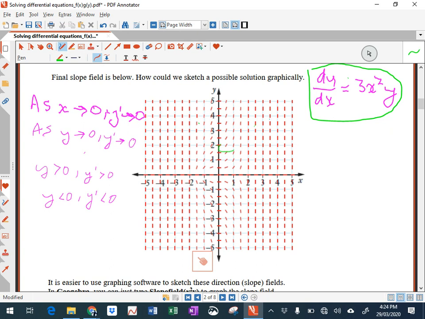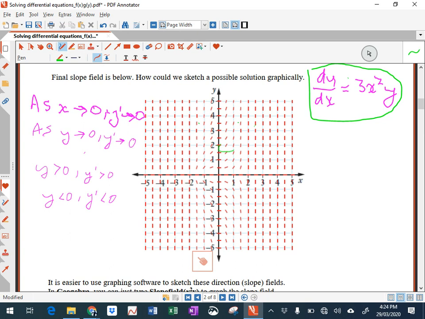And if y approaches 0, the same thing, dy dx approaches 0. The other thing to consider is if the y values are positive for this differential equation, that means dy dx will be positive. And if the y values are negative, that means dy dx will be negative. So that's something to consider when we're doing this.